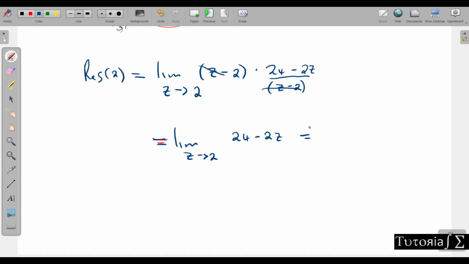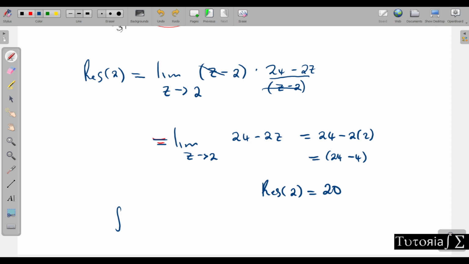So that would be 24 minus 2 times 2. So the residue at 2 will be 24 minus 4, which is equal to 20.